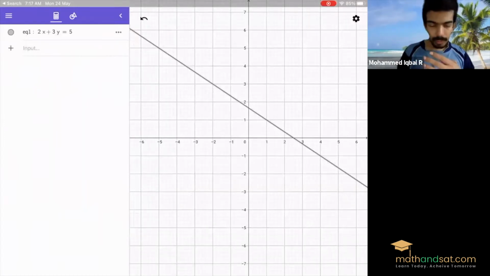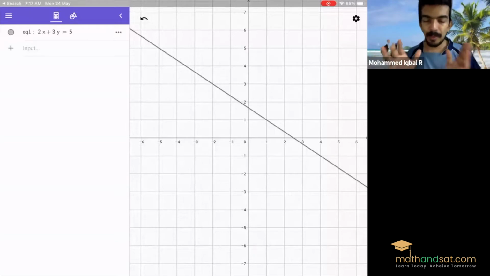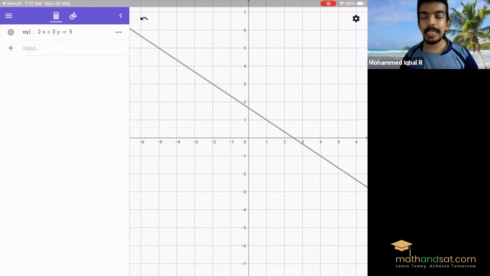In other words, the common condition that is being satisfied by every point on the straight line is represented by 2x plus 3y is equal to 5. So when you say that 2x plus 3y is equal to 5 is the equation of a particular line, it means it is a common condition being satisfied by every single point on that straight line.